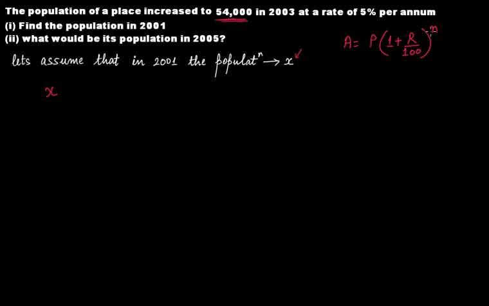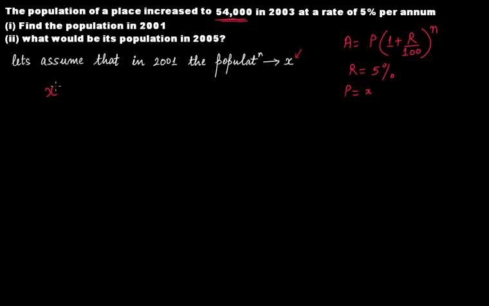If we put X in place of P, because we are assuming that in 2001 the population is X, and it is increasing at the rate of 5% per annum, then we can calculate the population after 2 years.